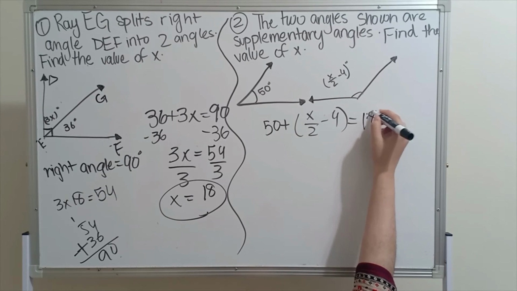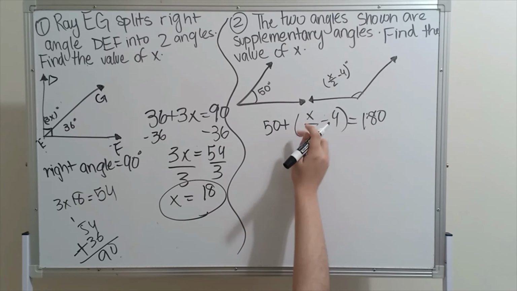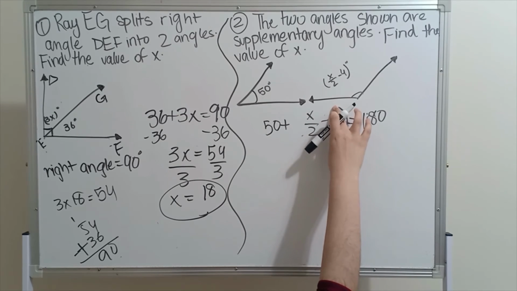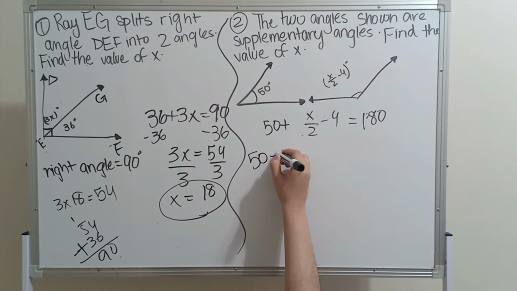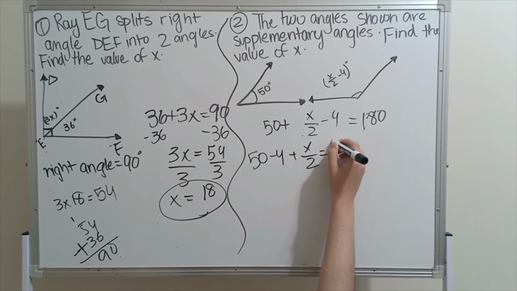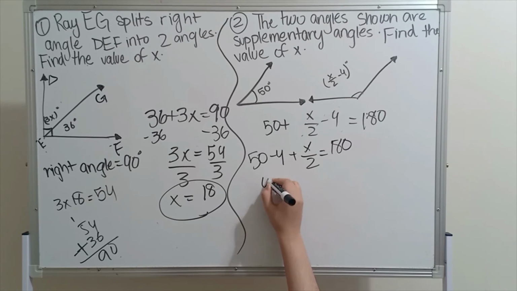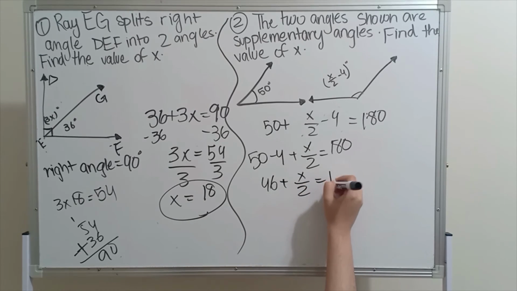Now we are first going to subtract 4. So we can remove the brackets and put like terms together: 50 minus 4 gives 46, so 46 plus x over 2 equals 180.